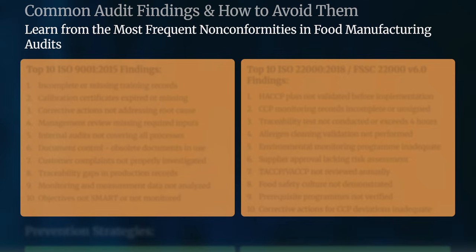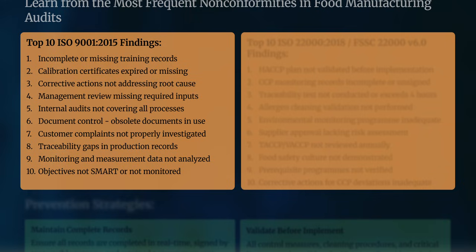Learning from the most frequent nonconformities in food manufacturing audits, these are the top 10 ISO 9001:2015 findings that you can avoid: incomplete or missing training records, calibration certificates being expired or missing, corrective actions not addressing root causes, management review missing required inputs, internal audits not covering all the processes, document controls being obsolete or using obsolete documents, customer complaints not properly investigated, traceability gaps in production records, monitoring and measurement data not analyzed, and objectives not SMART or not being monitored.